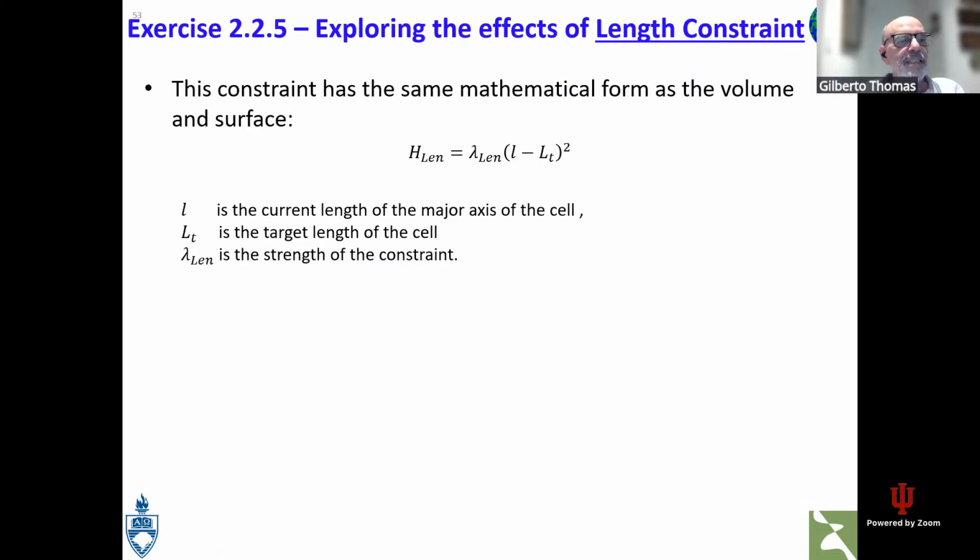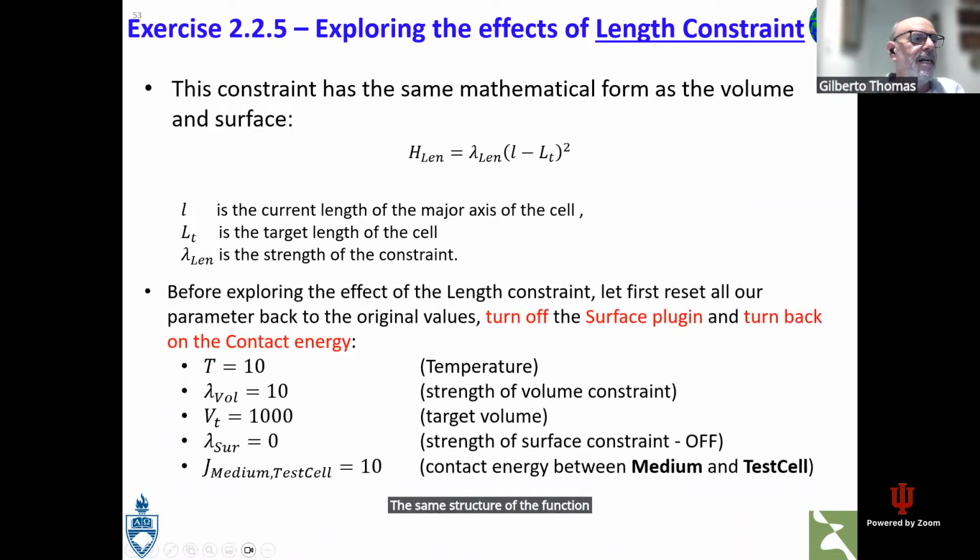The final one is the length constraint. The length, again, has the same shape, the same structure of the function. Before we explore, let's change the XML again. Now we are going to turn off the surface and turn back the contact energy.